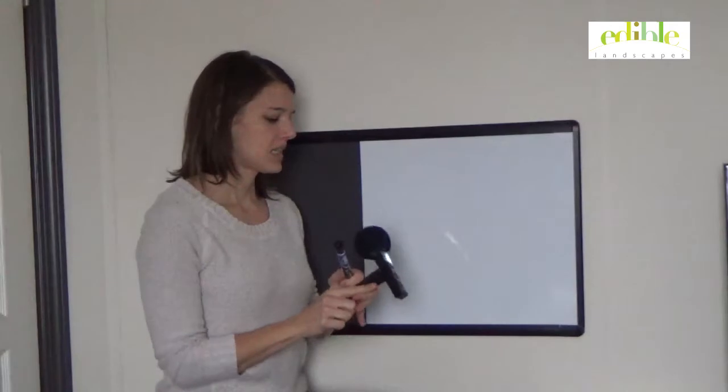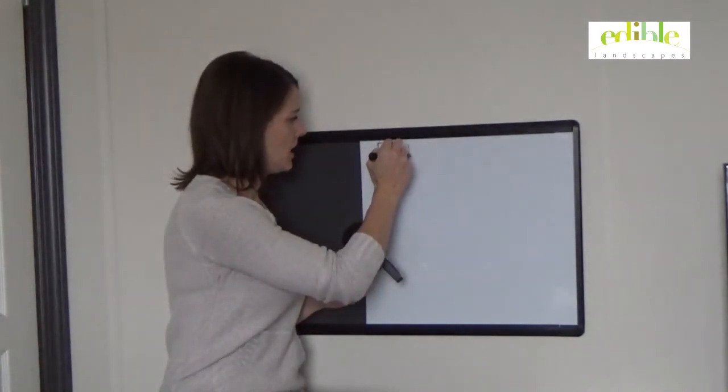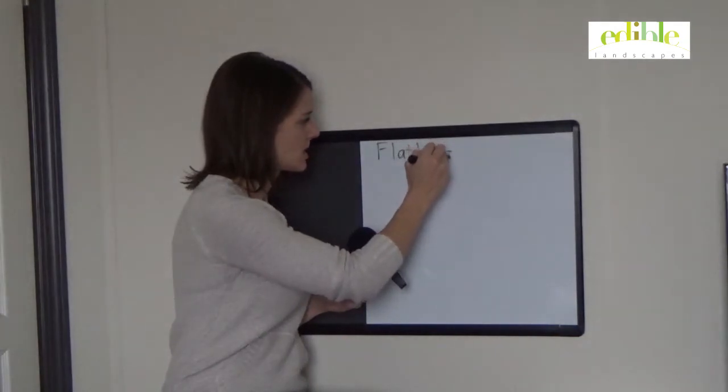So the next minor landscape profile that we'll take a look at here is the flatlands. And these are obviously something that is very near and dear to my heart, living in Saskatchewan.